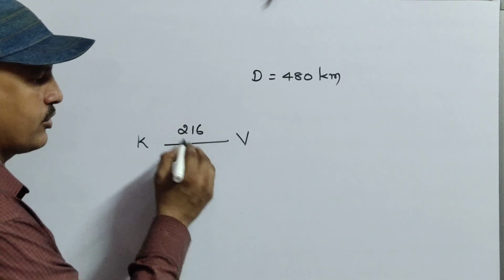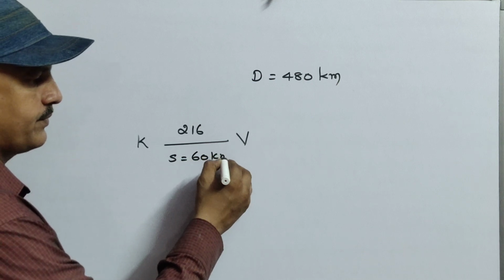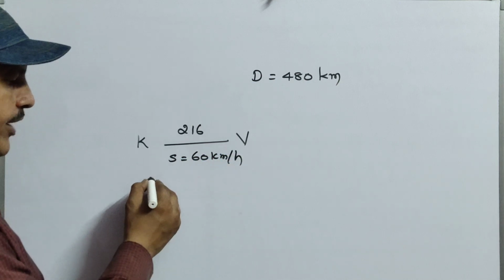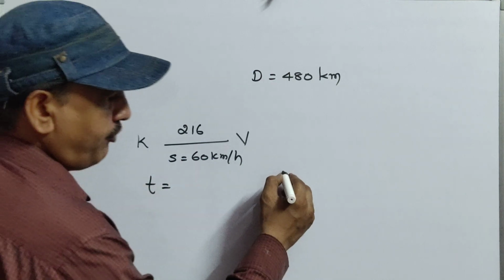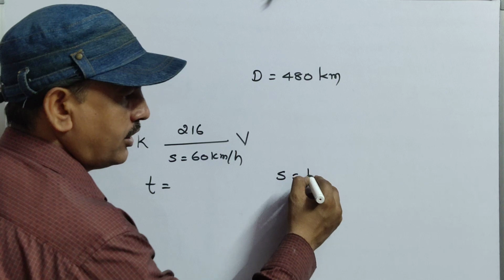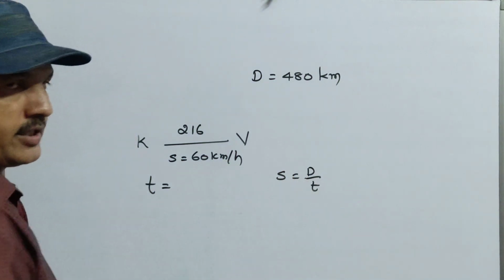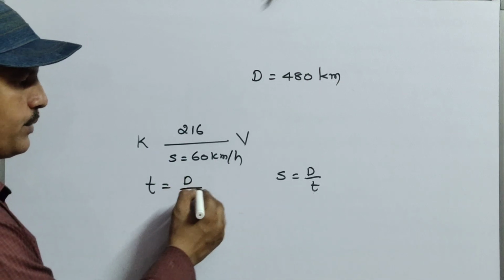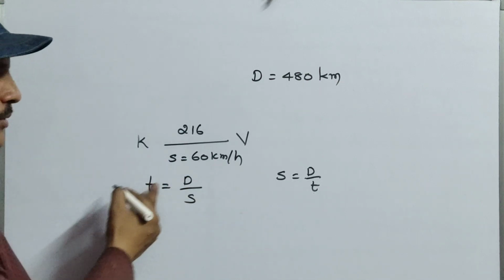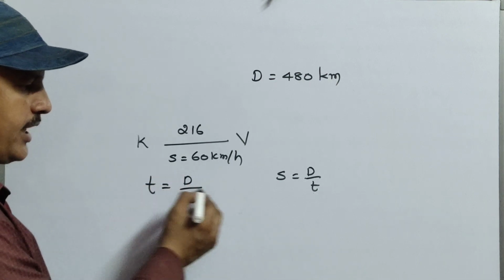So speed is around 60 kilometers per hour. So how do you find time now? We have a formula, you know that? Speed is equal to distance by time. Do you remember? Now if you want time, then time equals distance by speed. Now you will get some time here.